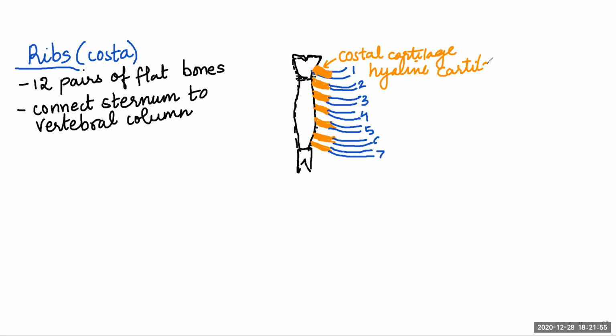Now हमने अभी तक सिर्फ 7 pairs, I have drawn only on one side, बट देर आर मोर रिब्स अटैच, राइट? तो पता है क्या होता है?